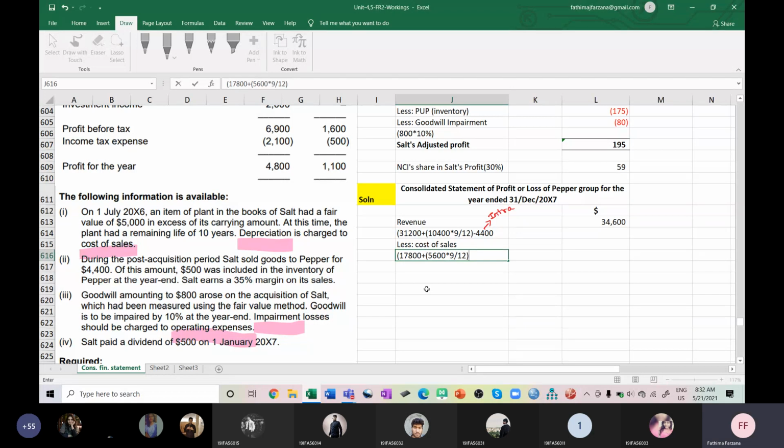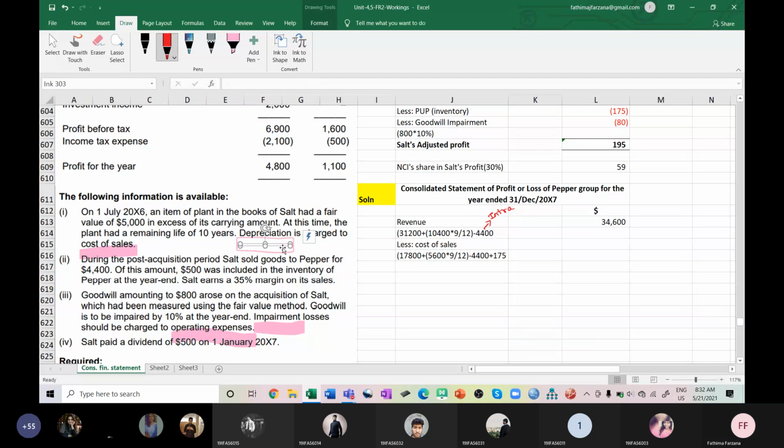Then I'm deducting minus 4,400, that is the intra-company transaction. And I'm reversing the profit part, which is there already. Anything else? Fair value depreciation.